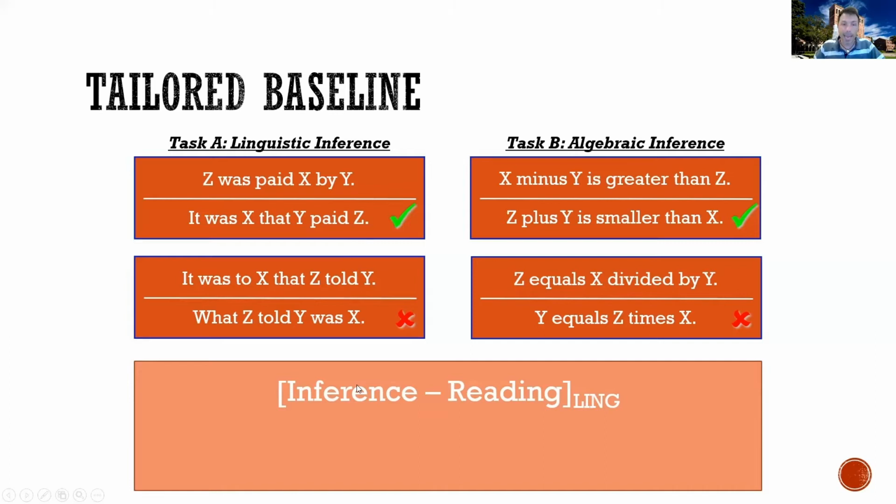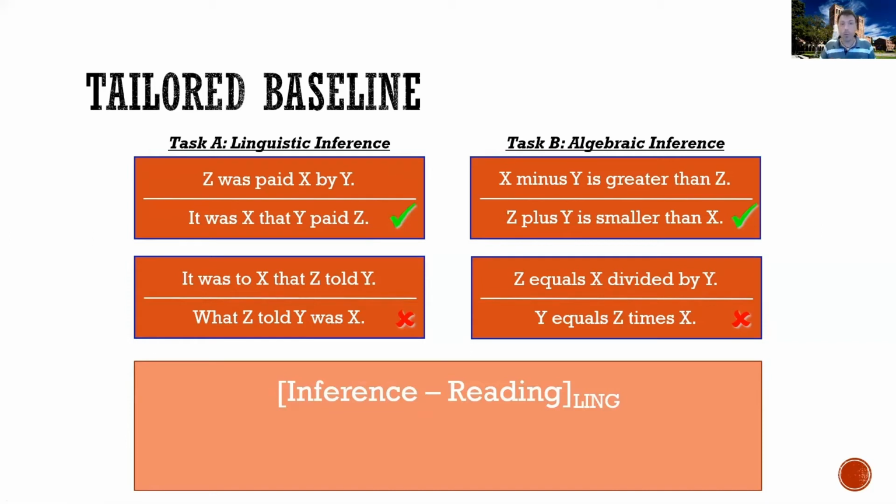So task A, which is inference, has its own baseline, which is reading the same sentences for grammaticality. Now task B, which is the inference with the algebraic sentences, has its own baseline, which is reading the algebraic sentences just to tell me if the two sentences are both grammatical or not.